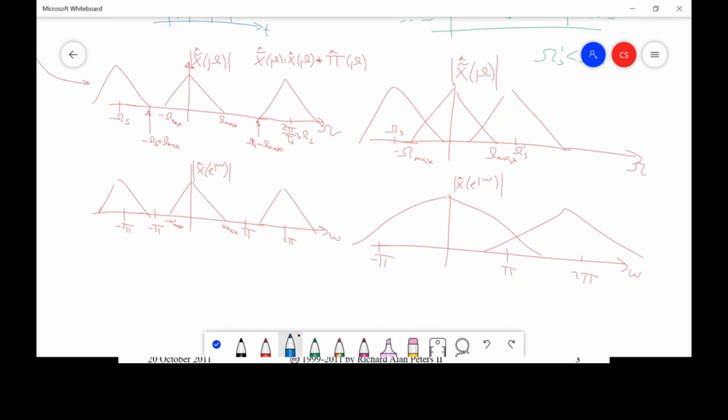And now I have an overlapping region. In this area, I have the right spectrum that I wanted, but I have a contribution from the nearby copy, and the same happens here. Here you have also a region that is invading your area. And this is the aliasing.